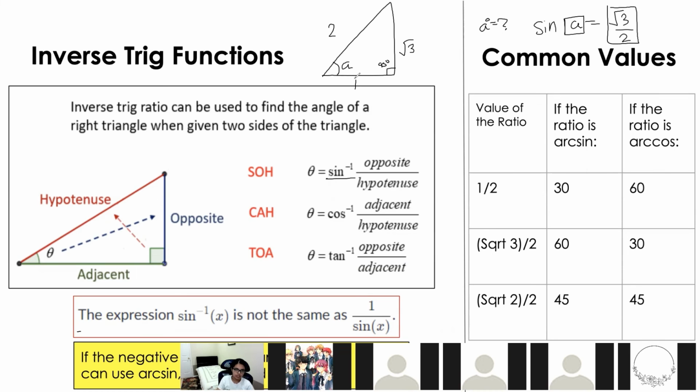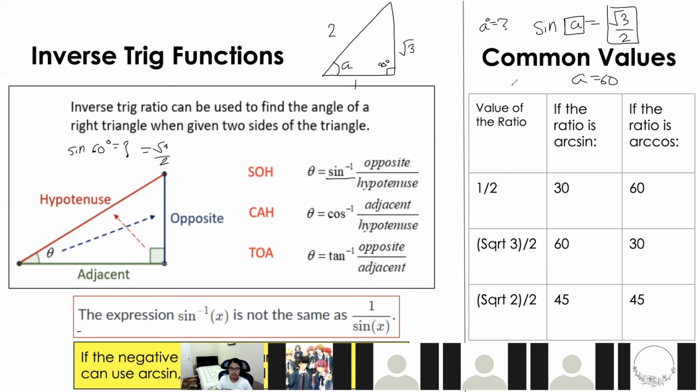So in a special right triangle, what is the sine of 60? Yes, sine of 60 would be root 3 over 2 in our special right triangle. So obviously A is going to be 60.